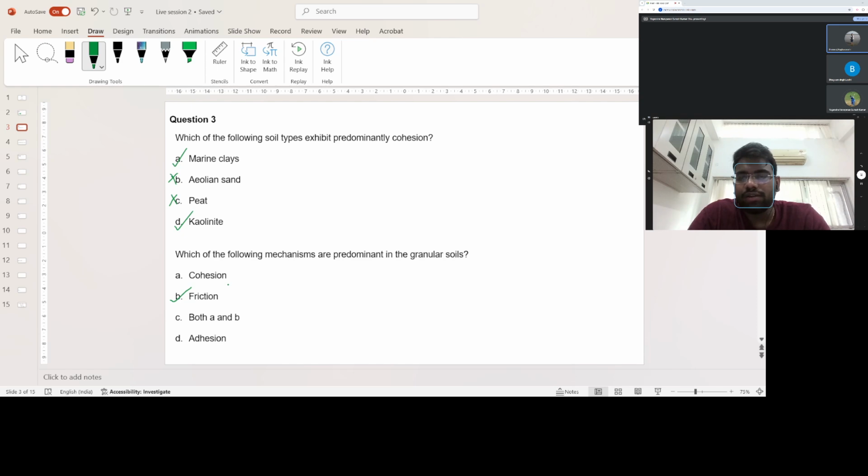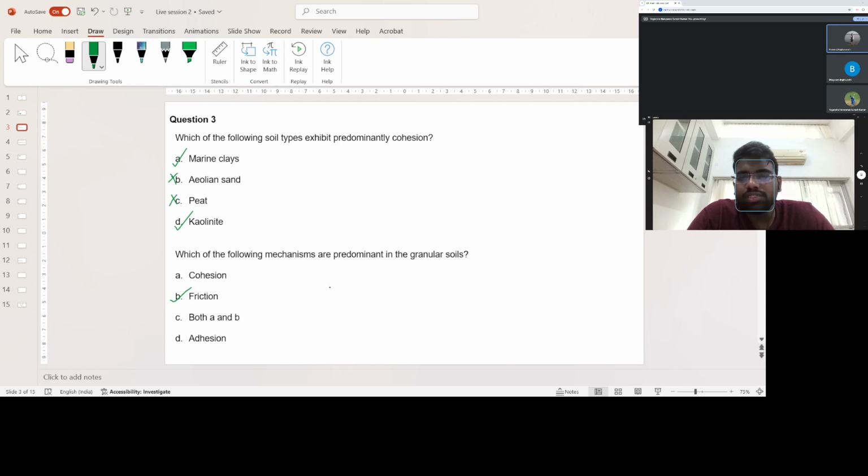If you pour water in your hand, it adheres. As far as granular soils are concerned, cohesion will be present, but as you mentioned, it will not be that dominant.